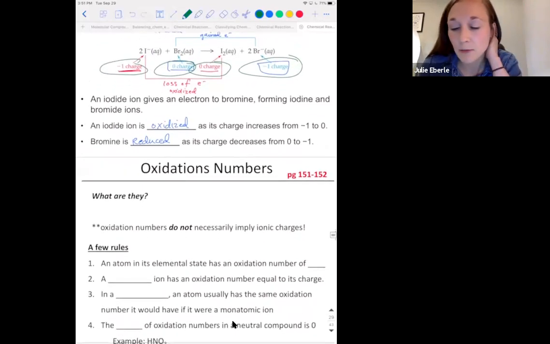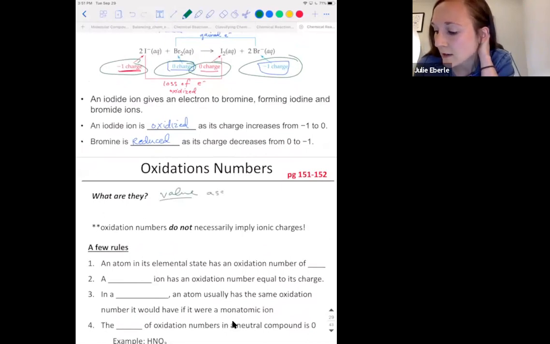So what is an oxidation number? It is a value. Notice I'm not using the word charge. We're just saying it's a numerical value that we assign to elements to indicate whether they are neutral, electron rich, or electron poor.